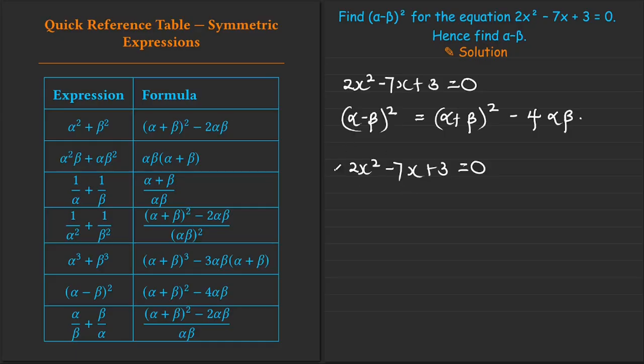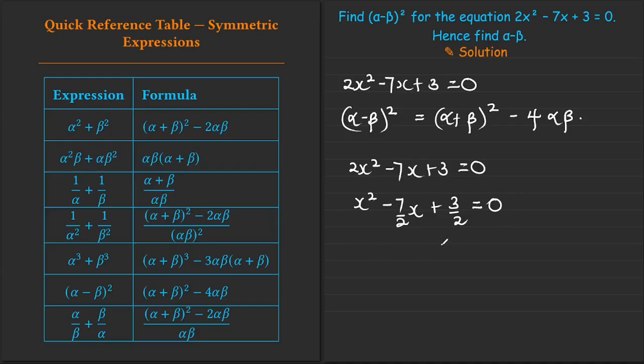Before we can get our alpha plus beta, that is the sum of roots and then the product of roots, the coefficient of x squared needs to be 1. So we have to divide each and every term by 2, so that we have x squared minus 7 over 2 x, then plus 3 over 2 is equal to 0.